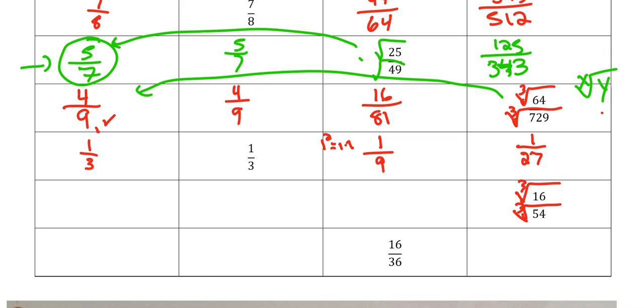If you put the cube root of 16, you would get like 2.519, etc. And then if you do the cube root of 54, you're going to get 3.779, etc.